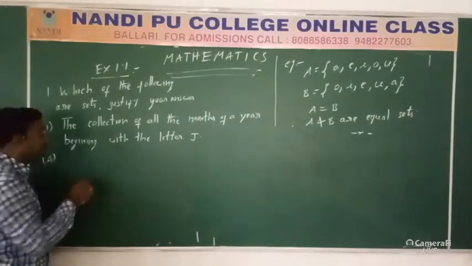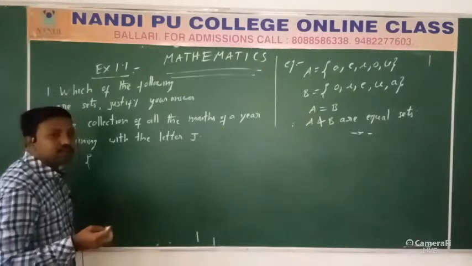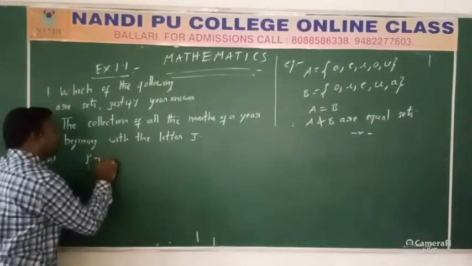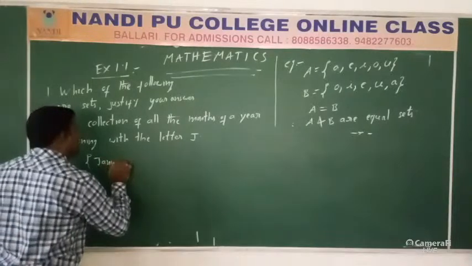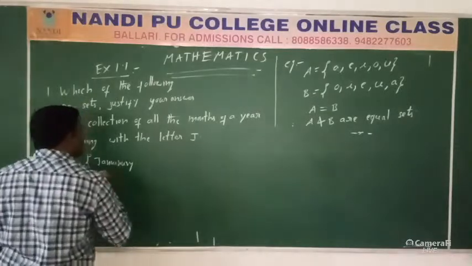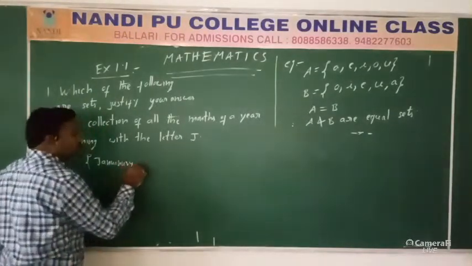What is the set here? The answer is the months starting with the letter J. What are the months starting with J? First one is January. Next, June.